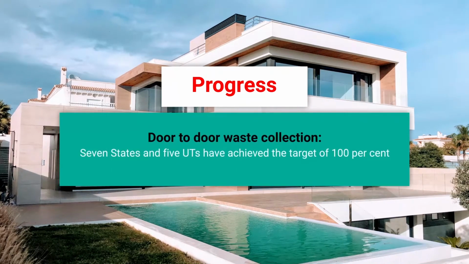Then under this, we can look into our approach of door-to-door waste collection. Proper and established waste management is essential for sustainable cities. In this particular approach of door-to-door waste collection, 7 states and 5 union territories have achieved the target of 100% door-to-door waste collection.